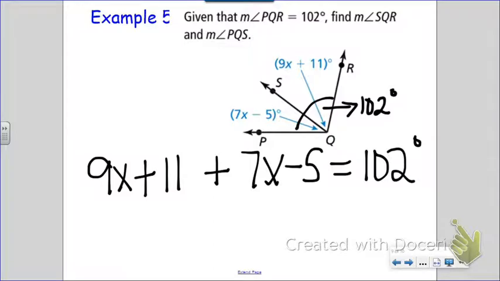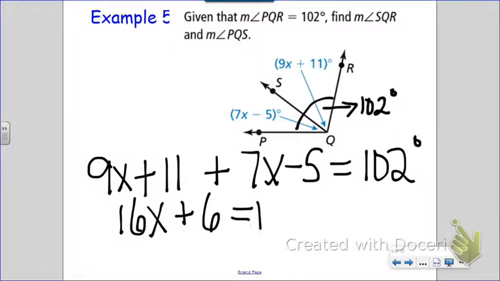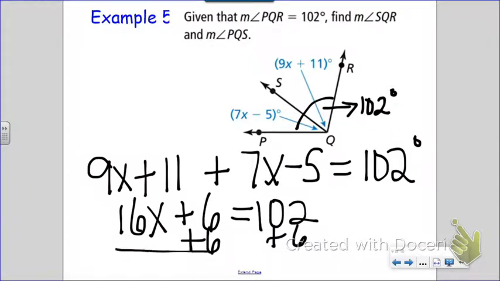We'll do the algebra. 9x plus 7x equals 16x. 11 minus 5 is 6, equals 102. Add 6 to both sides. 16x equals 108. Divide by 16.